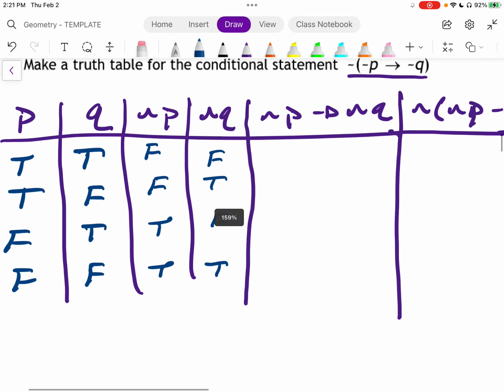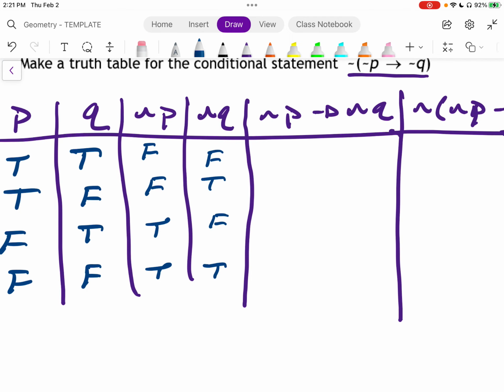Looking down here now, if not P, then not Q. So this first column, false going to false, that's kind of weird, but that is okay, right? It's okay, false going to false. Next up, false going to true, that's also okay. Now, true going to false, that is not okay. And then true going to true, that's okay as well.